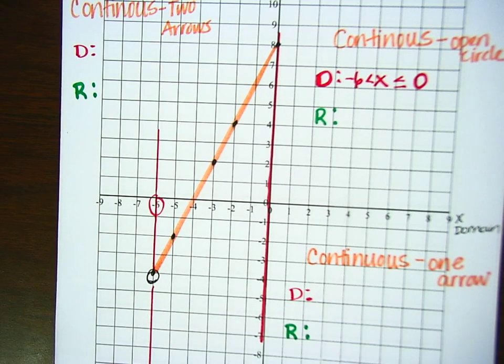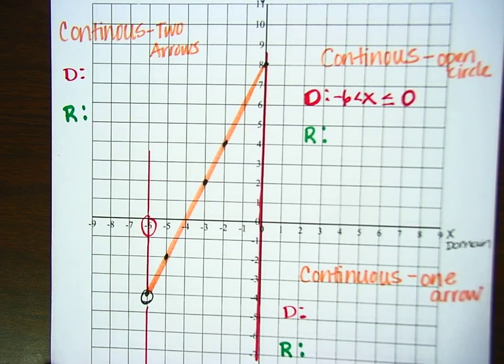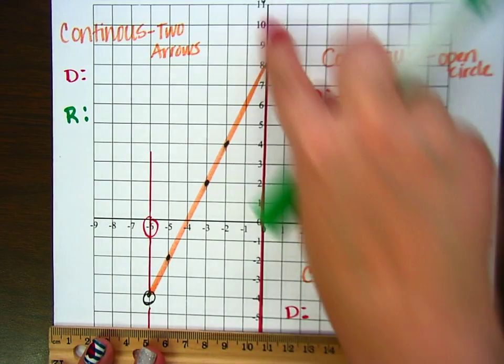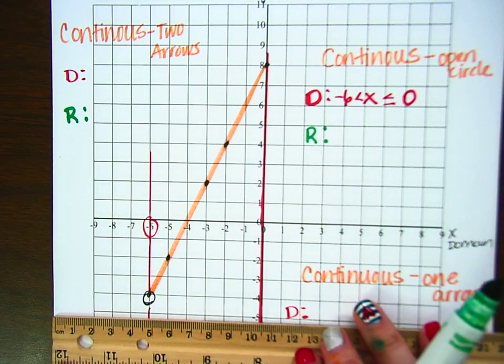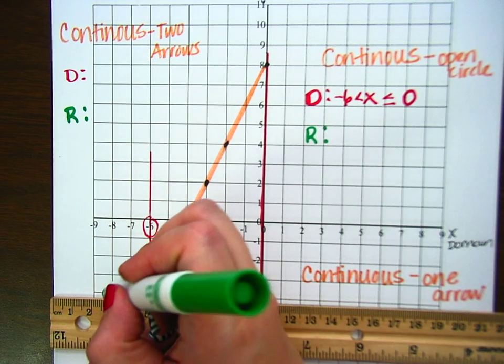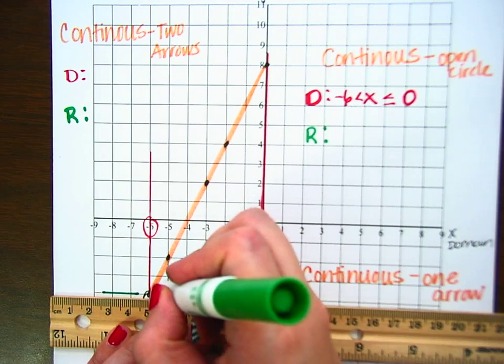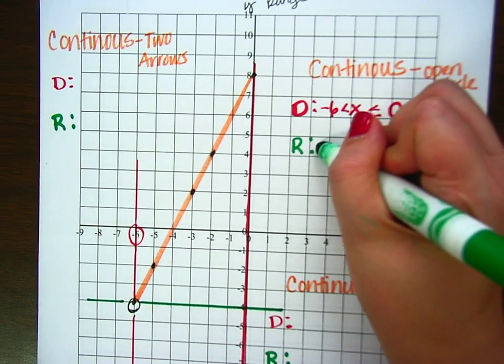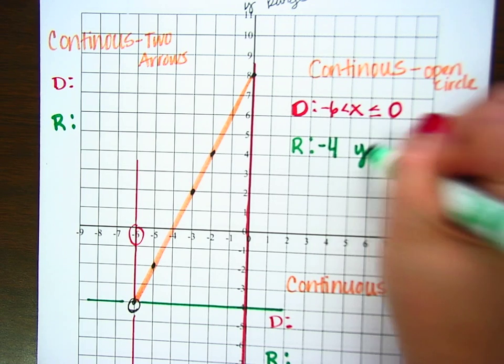To find the minimum range value, I need to start at the bottom. So I'm going along the y-axis now until I hit the bottom of the graph, and that's going to be right there at -4. So -4 is my minimum y value.